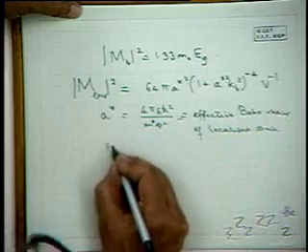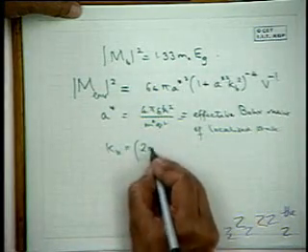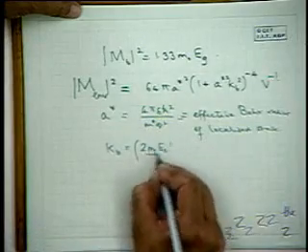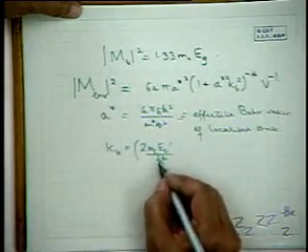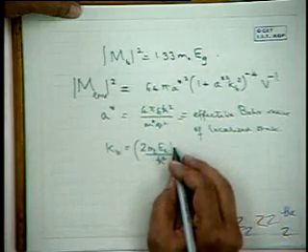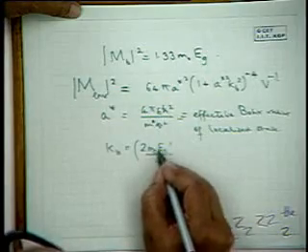And KB is the corresponding wave vector: h squared k squared by 2m is equal to EC dash.